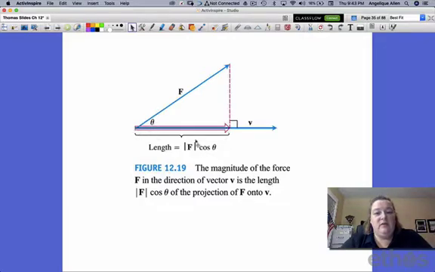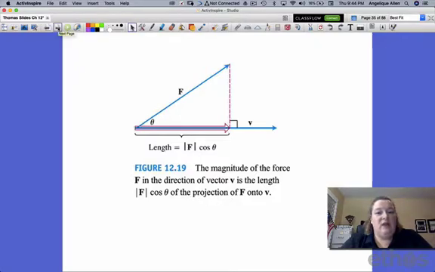So this should be a very familiar calculation in basic right triangle trigonometry, couched in vector terms. Okay, so this will be a projection, and we'll dig into that a little bit more in a moment.